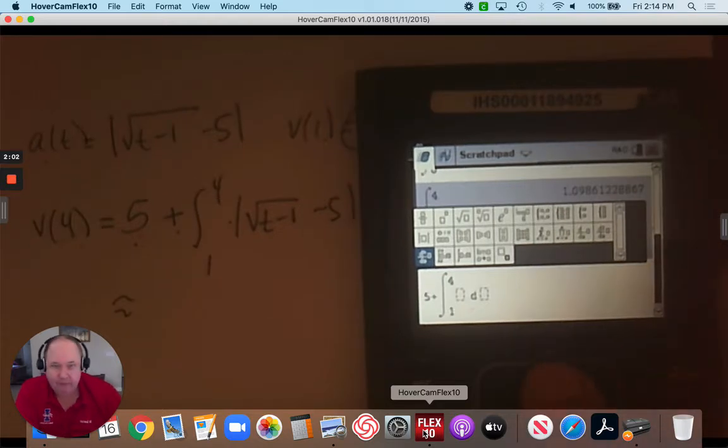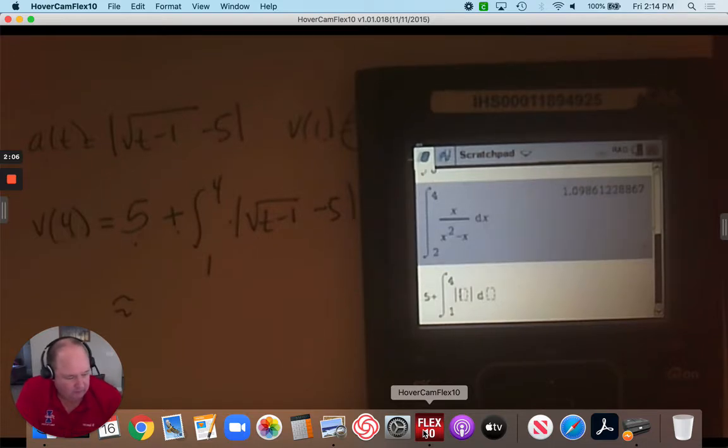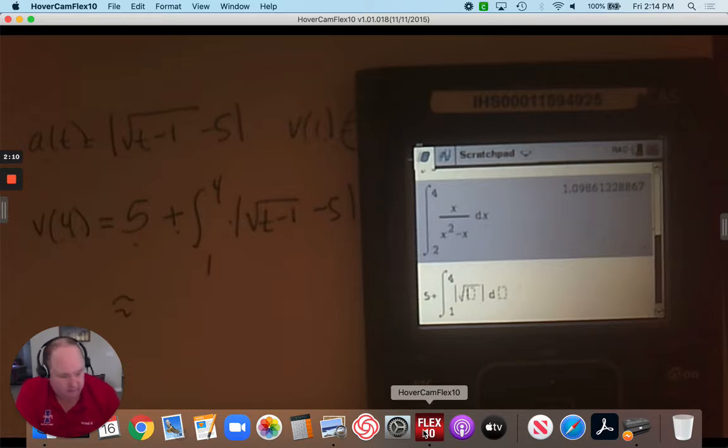Find the absolute value bars, there they are. Press enter, and then square root, so control x squared. I'm going to use t, so t subtract 1, subtract 5. Make sure subtract 5 is outside the square root sign, and the variable we used was t. Control enter.